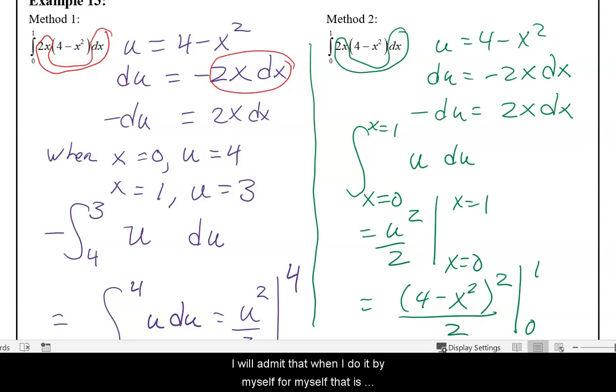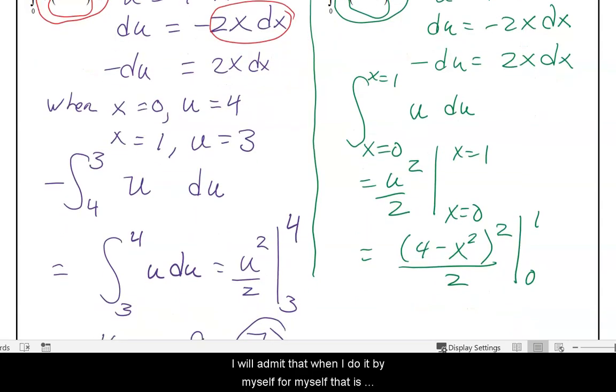I will admit that when I do it by myself, for myself, that is probably what I would do. But then again, I've been doing this for decades, so I don't necessarily recommend it until you're partway through Calculus 2. It won't take you long. You're going to have a lot of practice at u substitution.